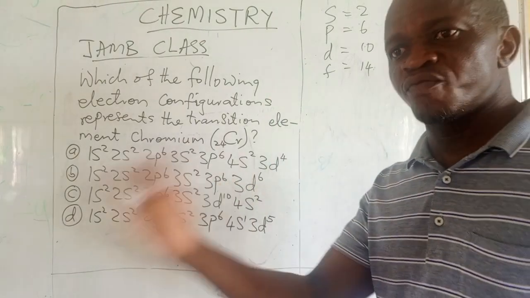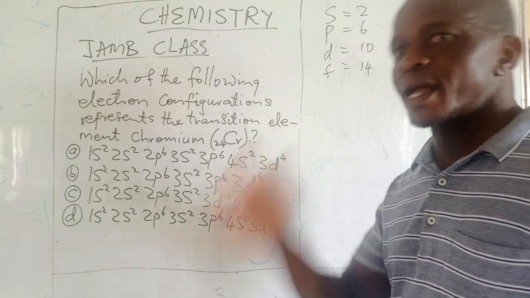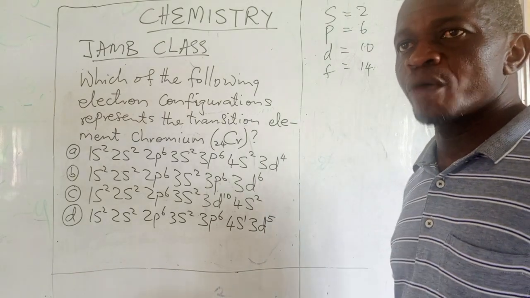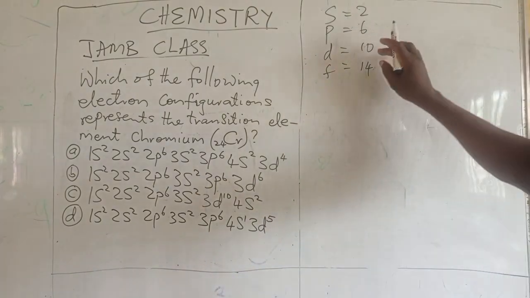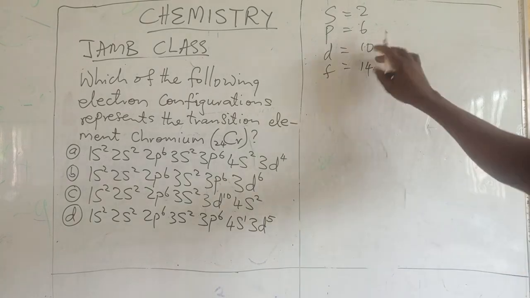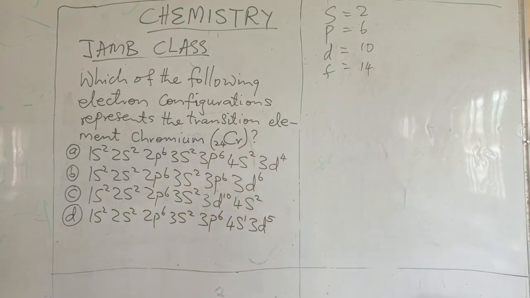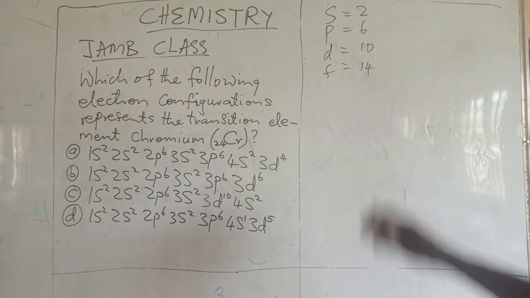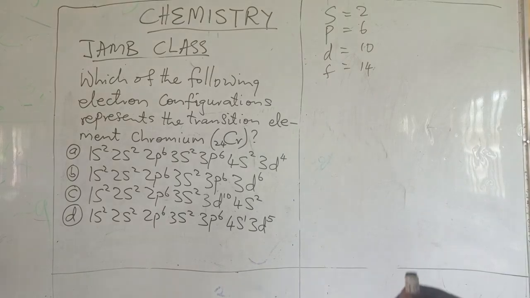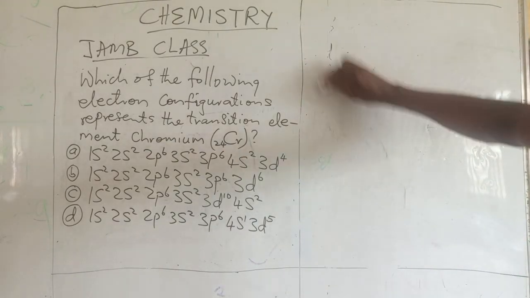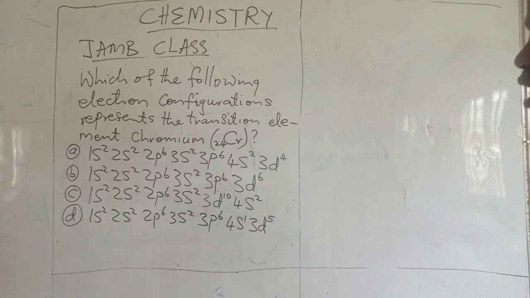Even if you still have more electrons, once 6 enter, it is filled. Stop. Create another orbital. Likewise, d, not more than 10. It can be below when there's no more electron. The same with f.